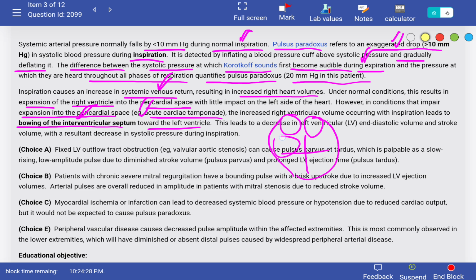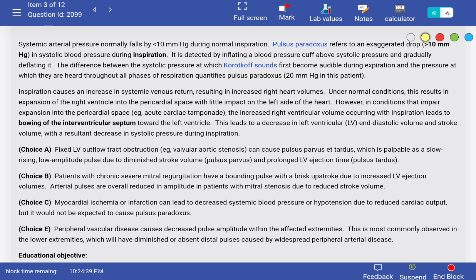In acute cardiac tamponade, they will push this right atrium or ventricle to that side, so this will decrease this area, right? This leads to a decrease in left ventricular end-diastolic volume and stroke volume, with a resultant decrease in systolic pressure during inspiration, right?